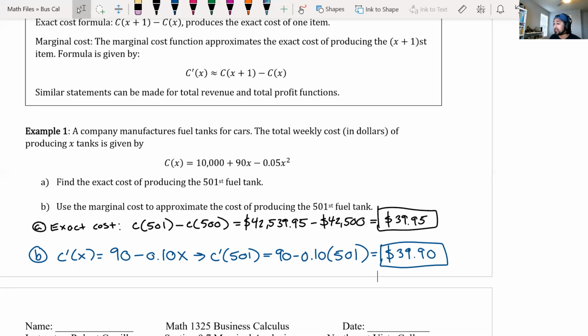So at the 501st fuel tank, is our answer for the derivative positive or negative? Positive. So at the 501st fuel tank, is our cost increasing or decreasing?